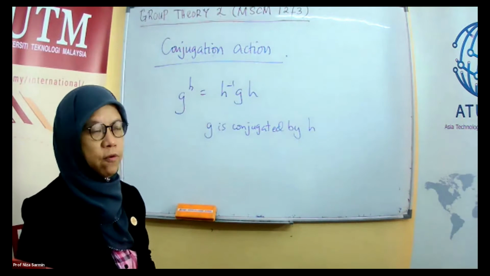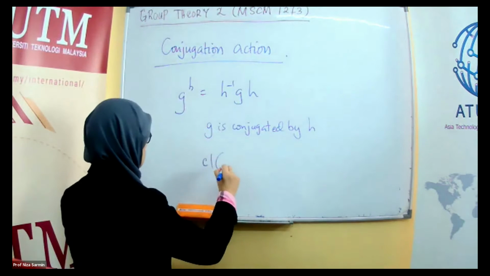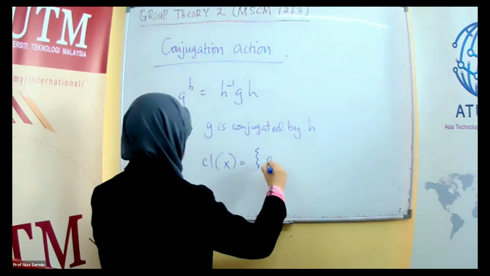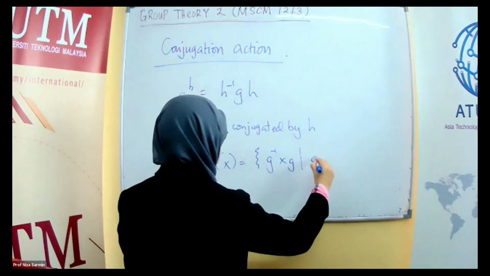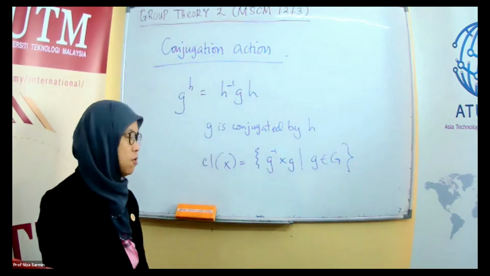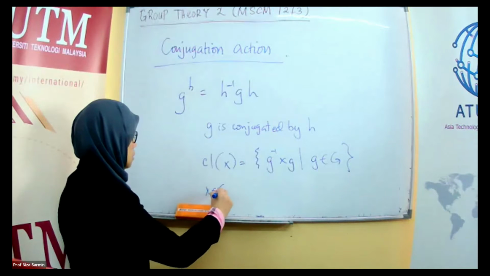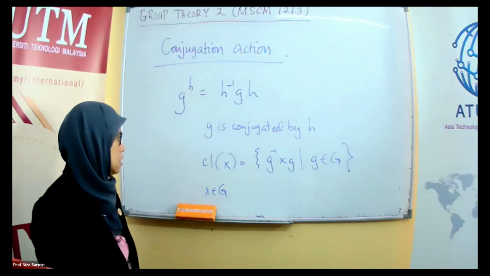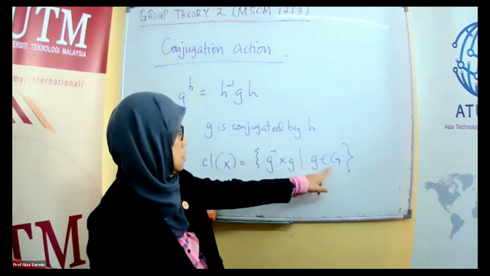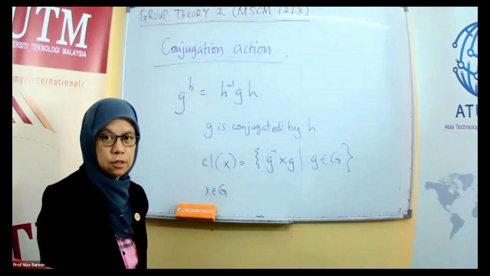Okay, if you have, you remember conjugacy class? You learned about conjugacy class before. The conjugacy class for an element X in G is you take all element g in G, you multiply g inverse X g, right?